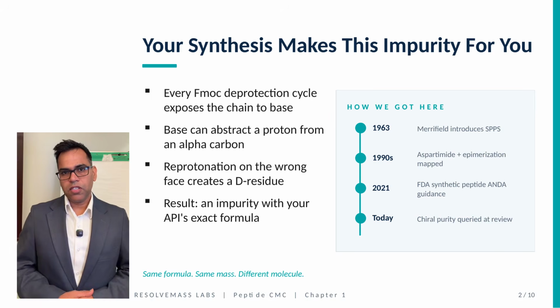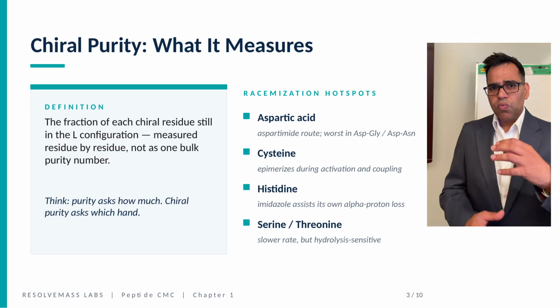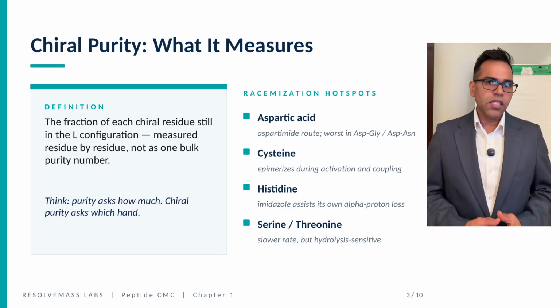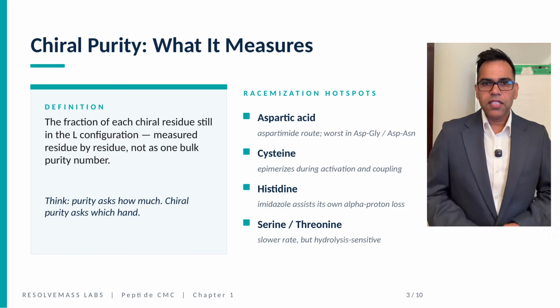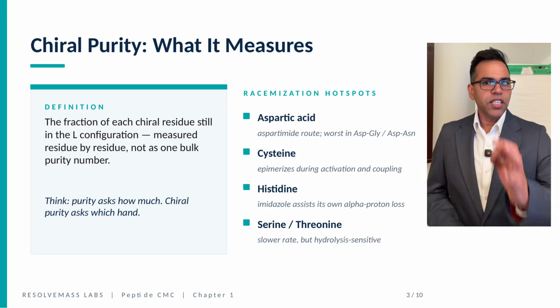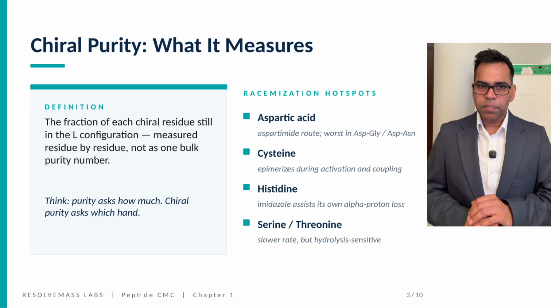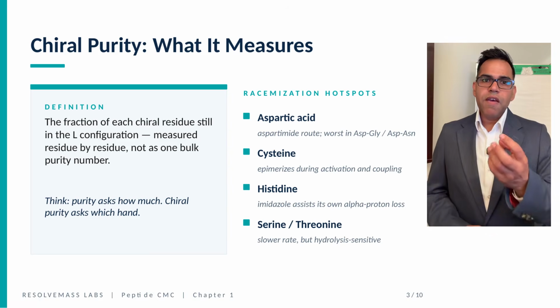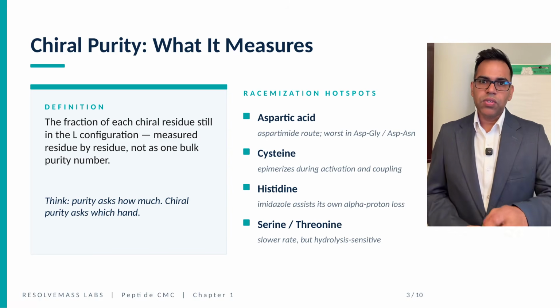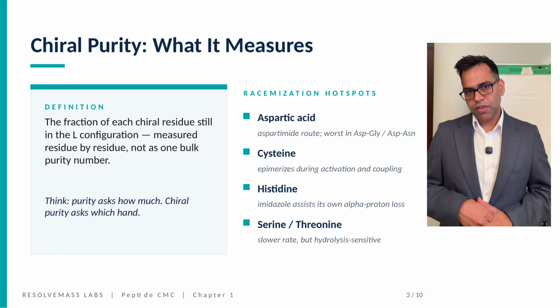So, what does chiral purity actually measure? Total purity by HPLC tells you what fraction of material sits under your peak. Chiral purity asks something narrower: of every chiral residue in the sequence, how much is still in the L configuration?